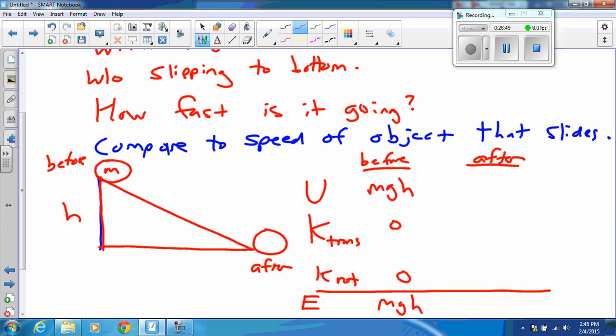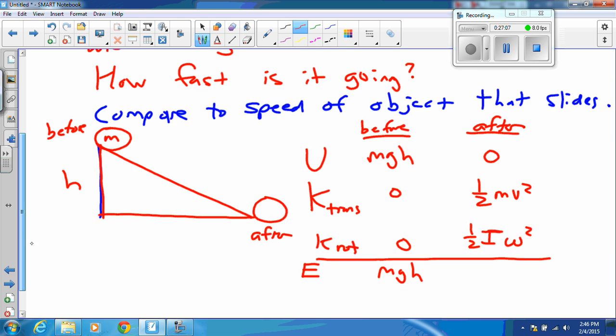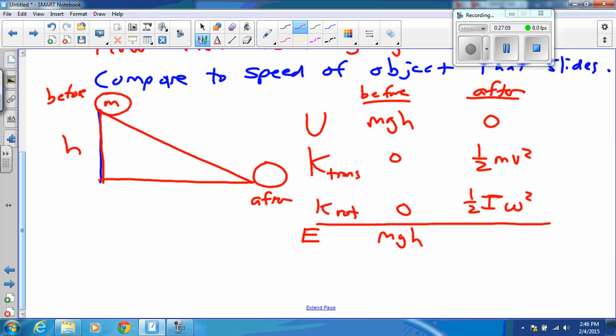Okay, after we reach the bottom, what is my potential energy? Zero. What is my translational energy? 1/2 mv squared. Okay, and what is my rotational? 1/2 I omega squared, right? You can choose between those. All right, but now we need to use the fact that we are rolling without slipping.